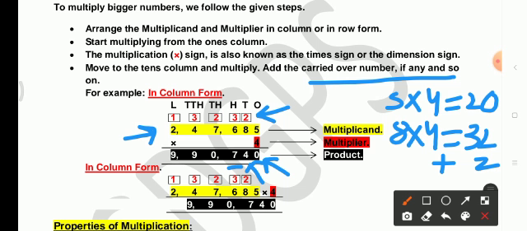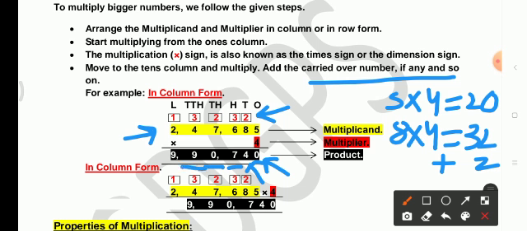Then we will multiply 7 and 4. So 7 into 4 is equal to 28 plus carried over 2, that is equal to 30. So we will write 0 here and 3 is carried over to the 10,000 place. Then we have 4 multiplied by 4, that's equal to 16 plus carried over 3, and that is equal to 19.